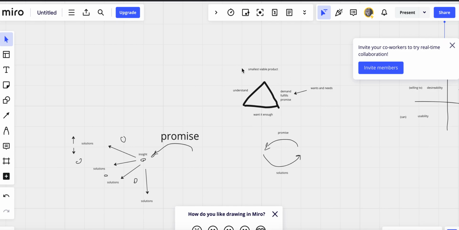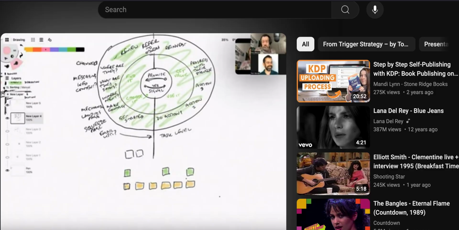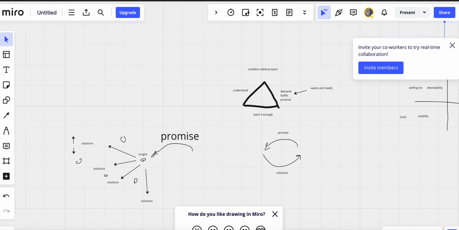And so I feel like this is still within the product development realm and isn't yet to the point of how do we get it out into the world. It's like, we've identified a market that we want to reach, and we've selected some people from that market, and we've produced this thing with three legs. Three-legged stool will stand up, and then we want to have them experience it.